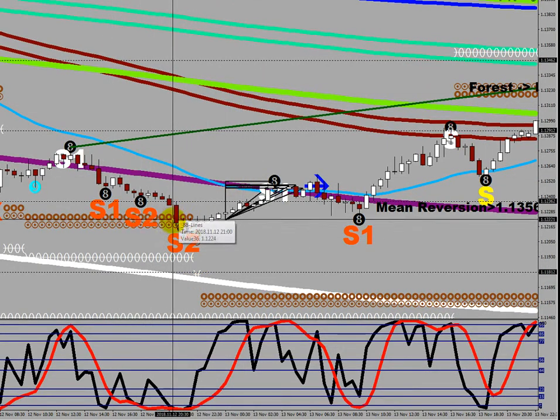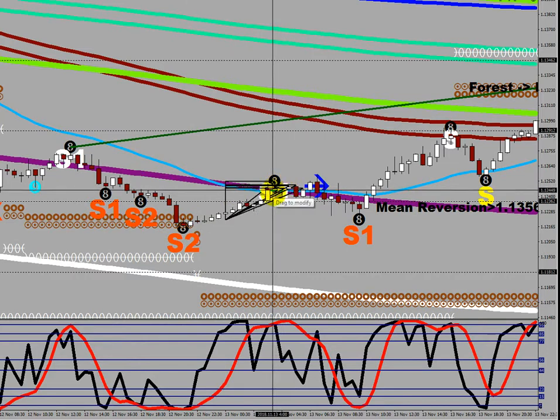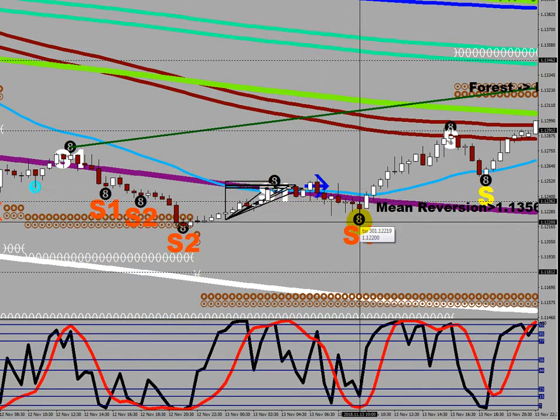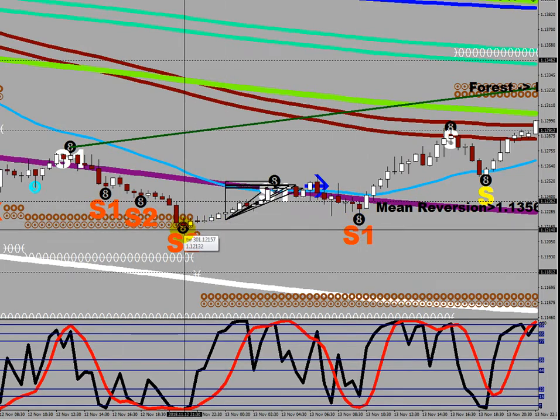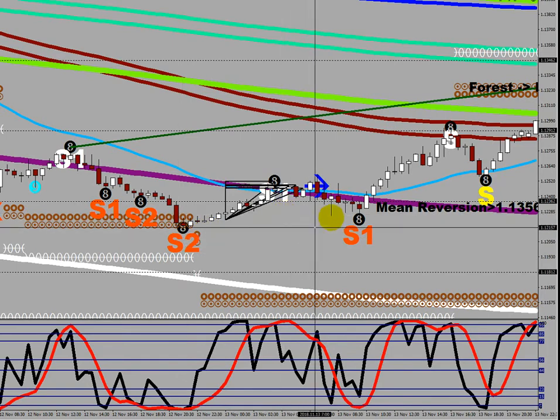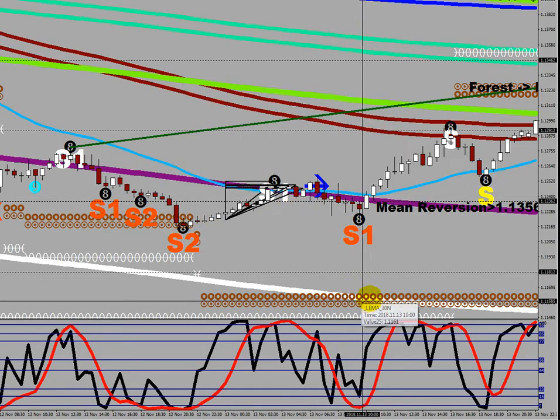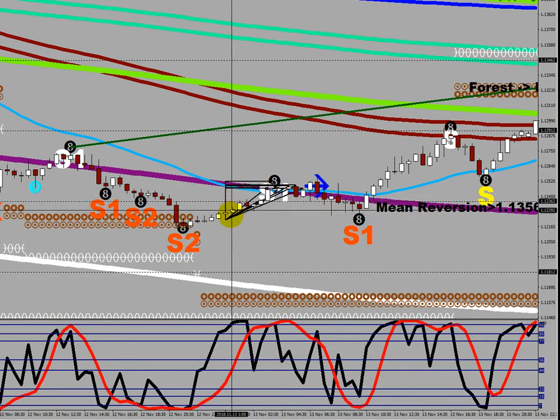You ended up touching the forest, and that means that the pullback was a sell, and that sell did not manage to surpass the previous swing low and got nowhere near the forest that was displaced by then.